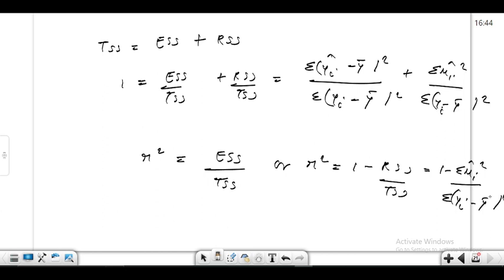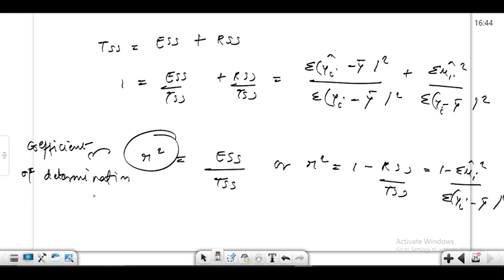Right? So R square is known as the sample coefficient of determination and is the most commonly used measure of goodness of fit.